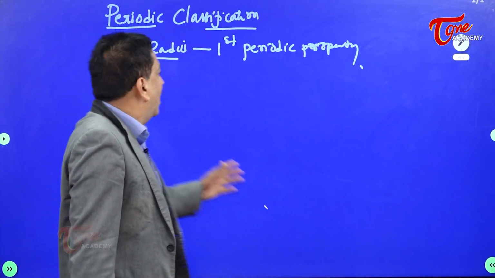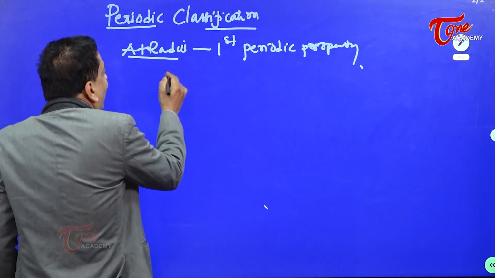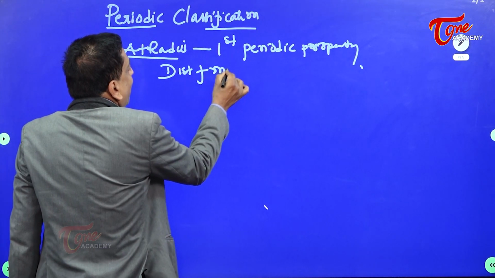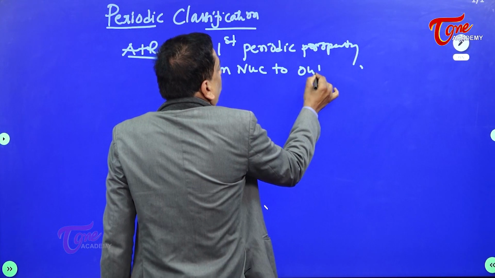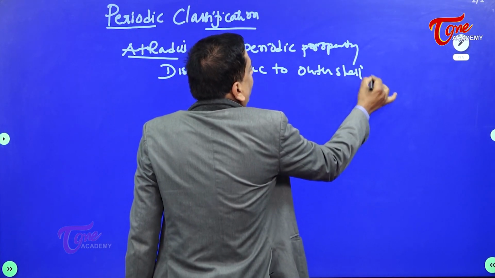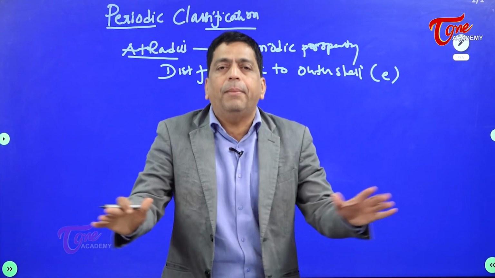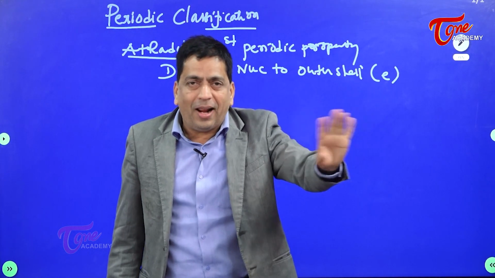And let me tell you that when I was defining this atomic radii, you were telling that it is the distance from the nucleus to the outer shell. When I say outer shell, it is electron. Shell is no different from electron. Both are the same. No electron, no shell.